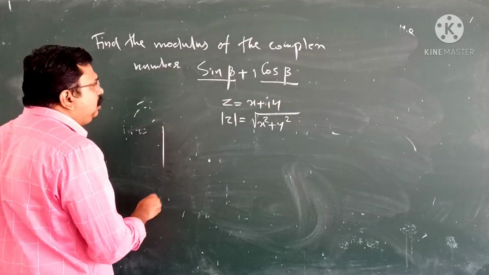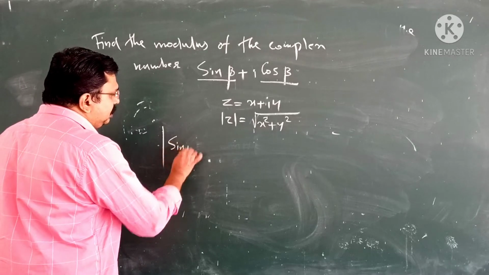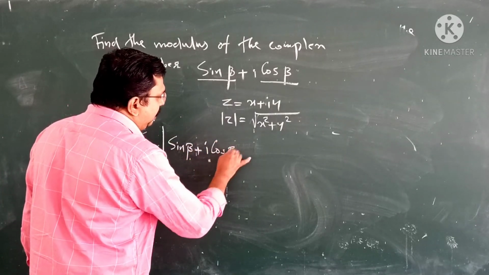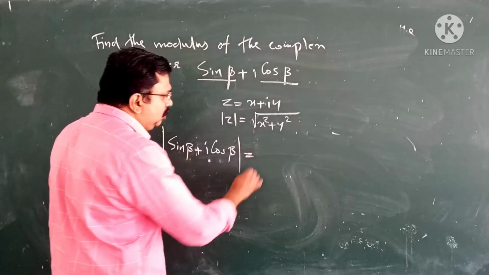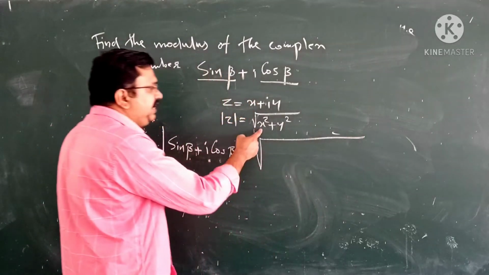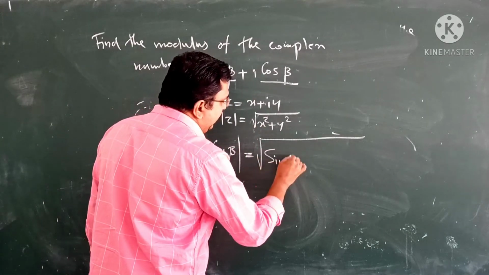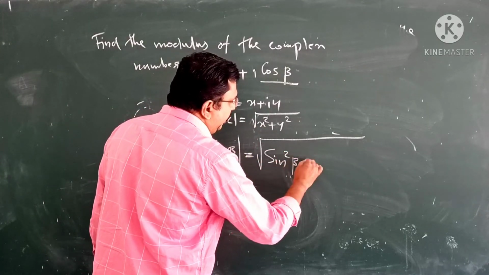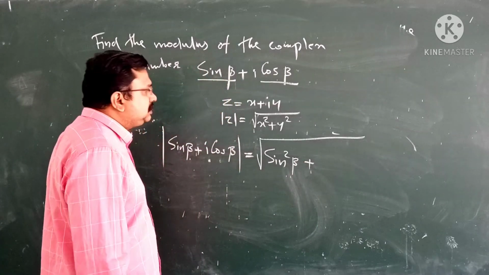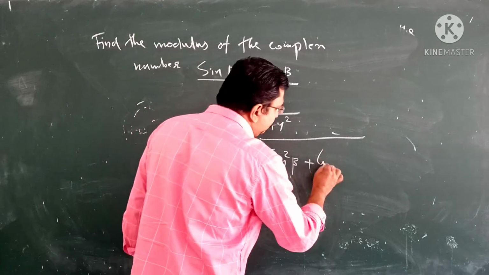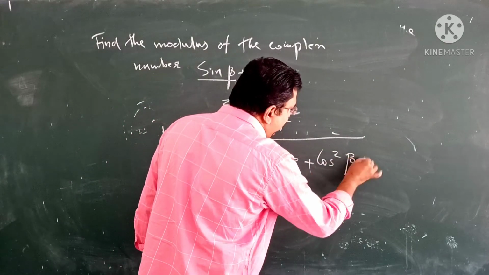Therefore, modulus of sin beta plus i cos beta is equal to root of x square, that is sin square beta, plus y square, that is cos square beta.